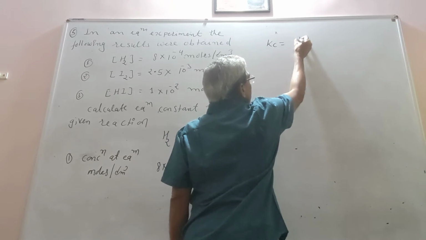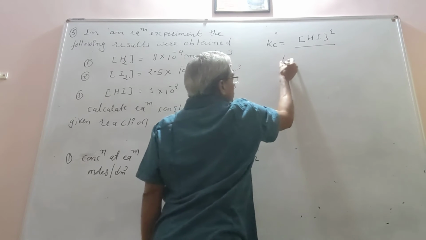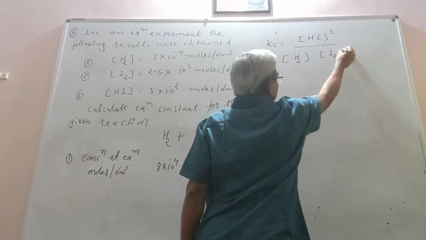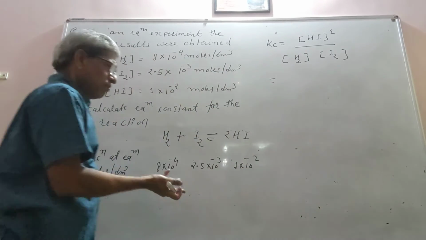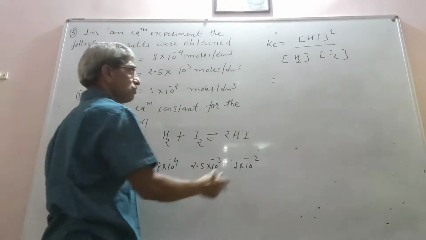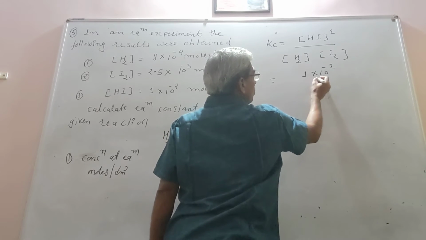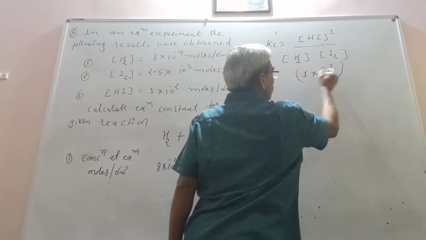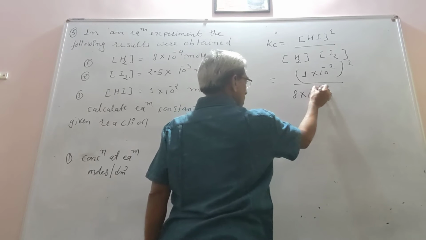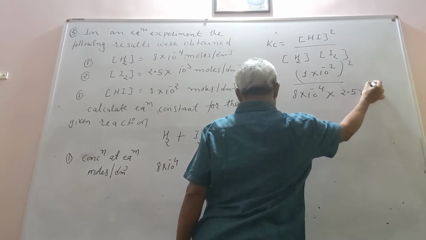Kc equal to concentration of HI raised to 2 upon concentration of H2 into concentration of I2. Then simple again, by putting these values of concentration in that equation, we get 1 into 10 raised to minus 2 whole raised to 2 upon concentration of H2, 8 into 10 raised to minus 4, and concentration of I2, 2.5 into 10 raised to minus 3.